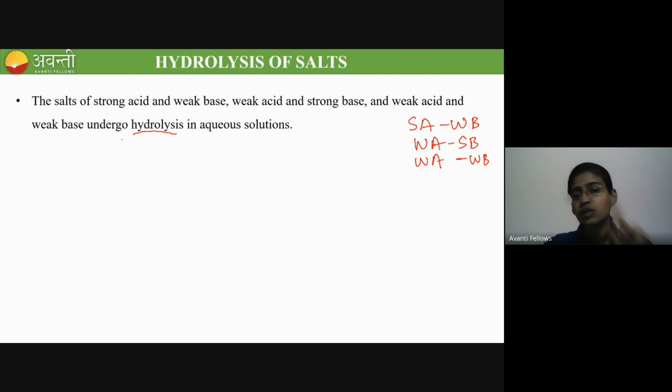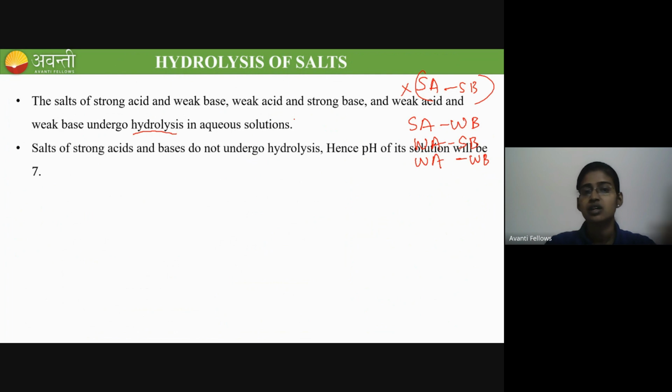And here you see one combination is missed out. Strong acid and strong base we don't have here. So the salt of strong acid and strong base does not undergo hydrolysis. Because if I take a strong acid, for strong acid we can take HCl as an example, and strong base it is NaOH.